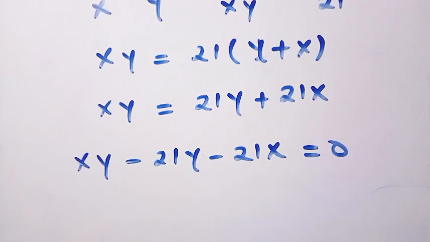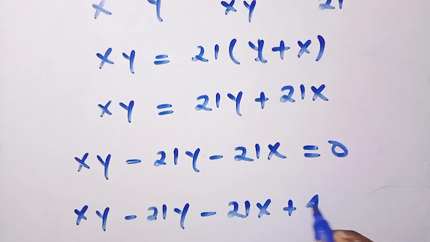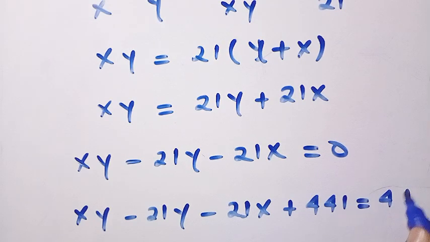Let's add 441 to both sides. So we have xy minus 21y minus 21x plus 441 equals 441.